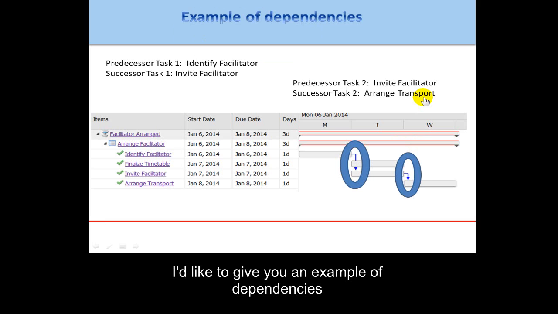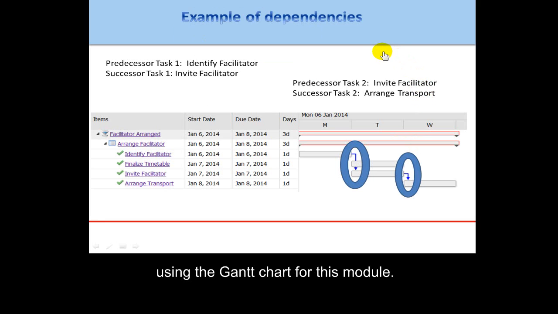I'd like to give you an example of dependencies using the Gantt chart that is the sample for this module. So let's look at a couple of dependencies. In the first dependency, and we're talking about this one down here, the predecessor task is to identify the facilitator.